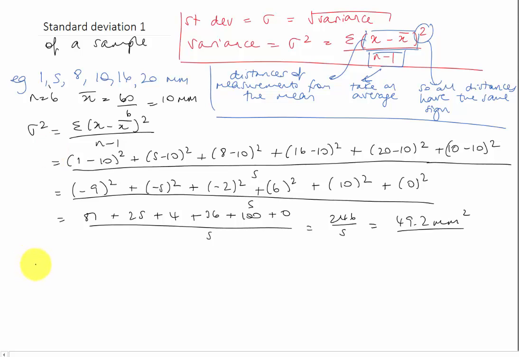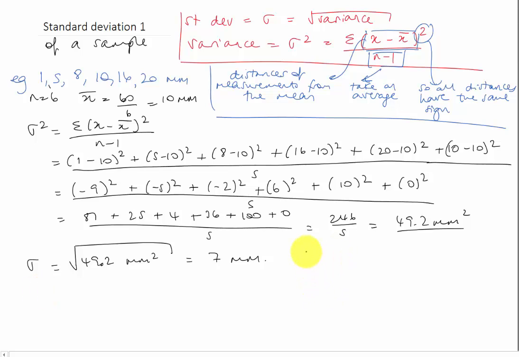And now we want to work out the standard deviation. So that is just the square root of 49.2 millimeters squared, which comes to about 7 millimeters.